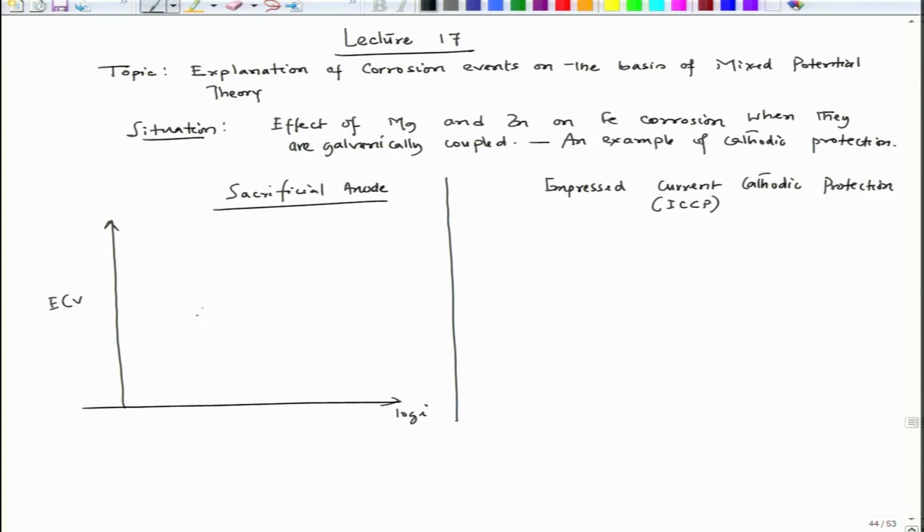We have two active metals joining, and this C is the cathodic reaction, and M1 and M2 are the two active metals.